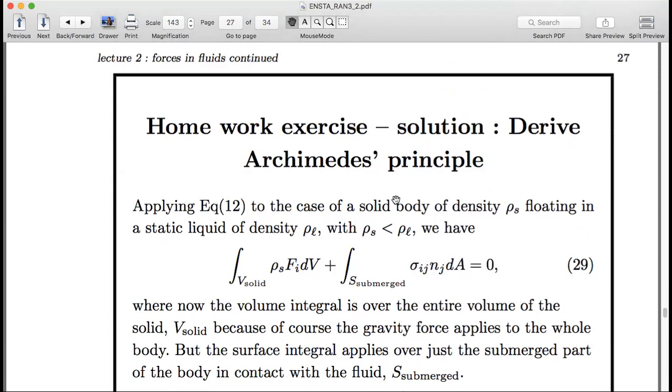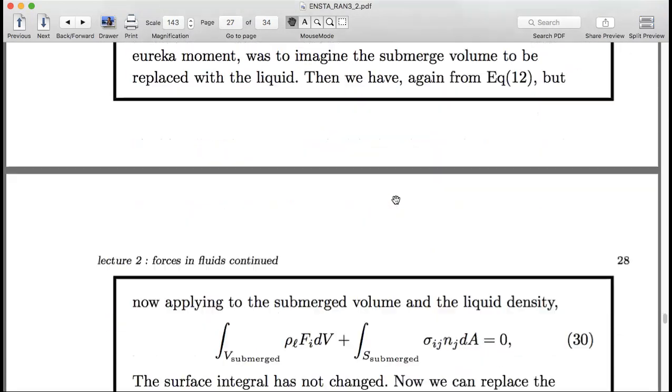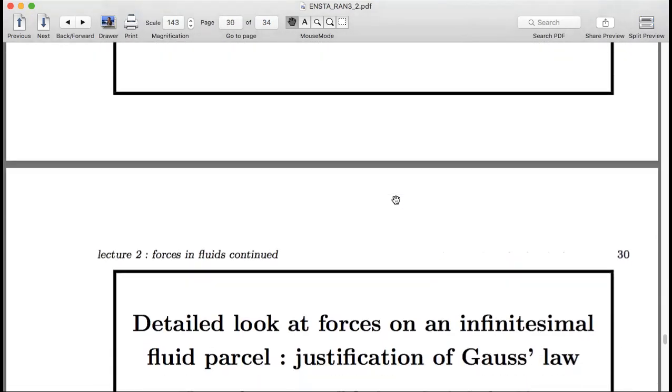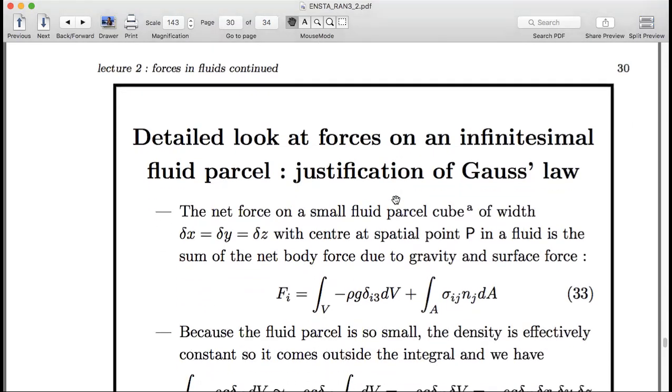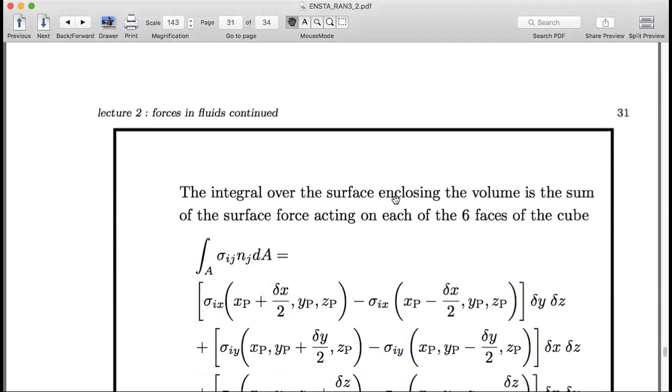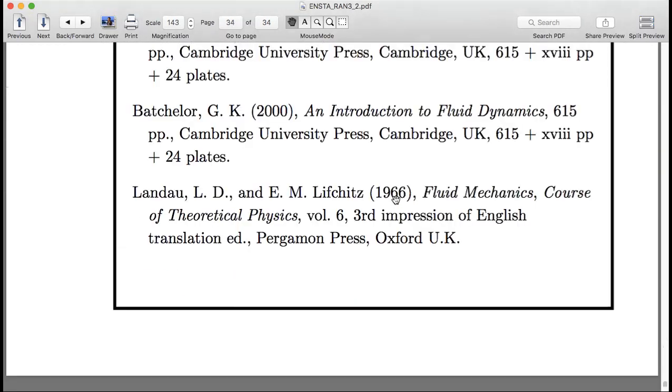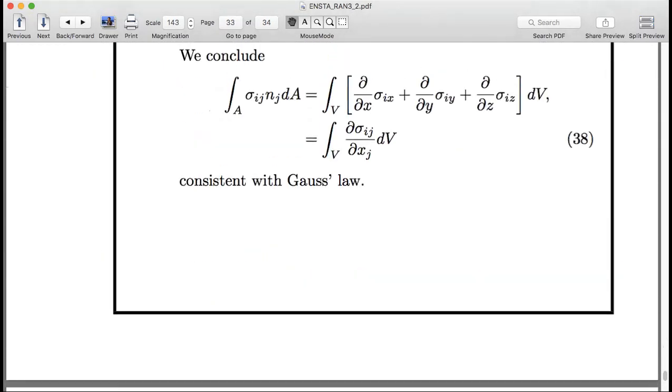So in some sense, it's more a worked example, but just try to do it. And then if you get stuck, you can look at the solution that's in there. And then we're essentially done with that chapter.